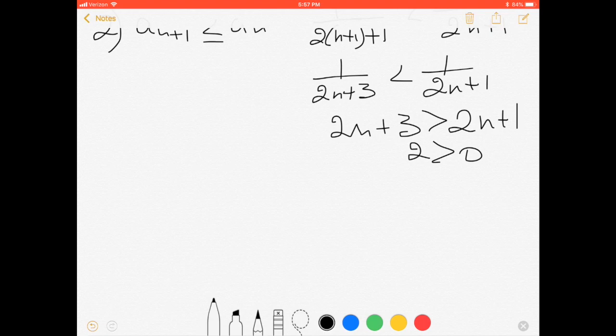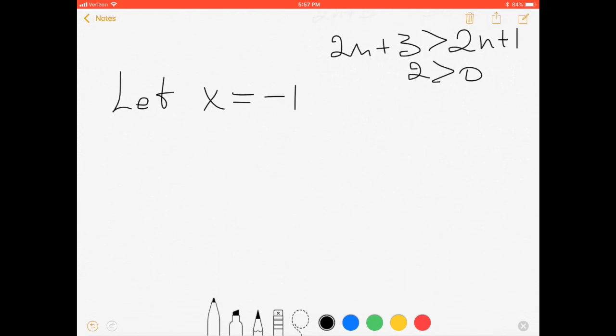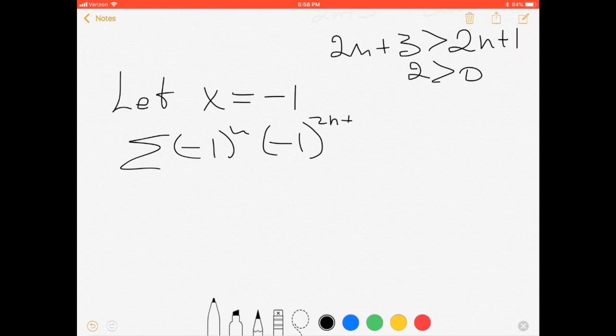Okay. Let's go x equals -1. What do you have here? We have the series (-1)^n times (-1)^(2n+1) over 2n+1, from 0 to infinity.